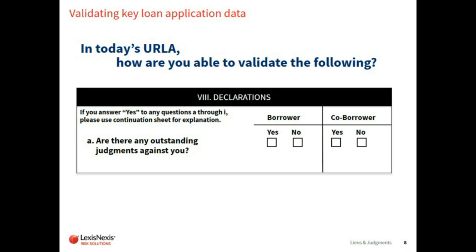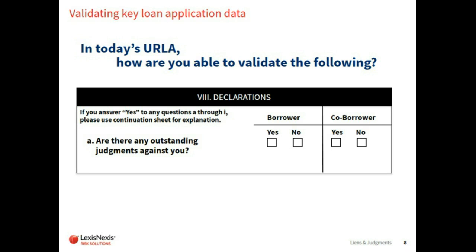As we discussed earlier, lenders are responsible for validating all the data which is relevant to that loan application decision. It's also worth noting that the investors and guarantors hold the lenders as ultimately responsible for the accuracy of all the loan data that they use in considering investing in or guaranteeing that loan, right?